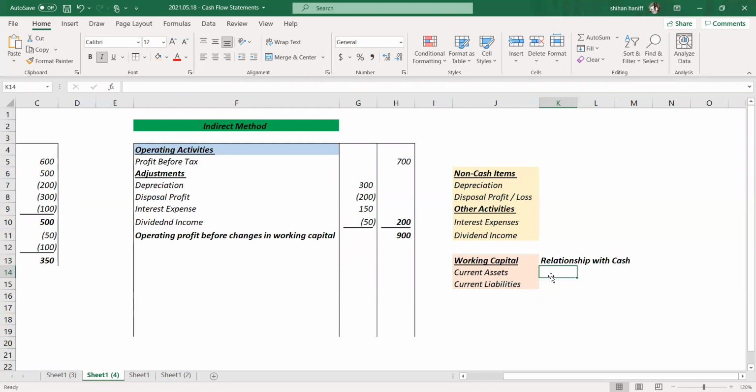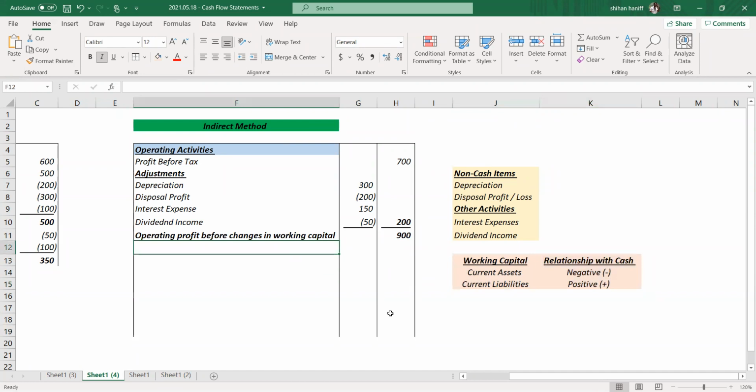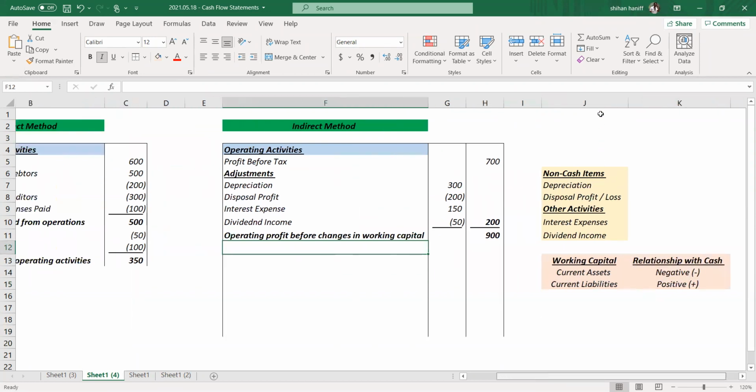Assets, there is a negative relationship. Liabilities, there is a positive relationship. Remember this relationship, important, because based on that only we will record here.